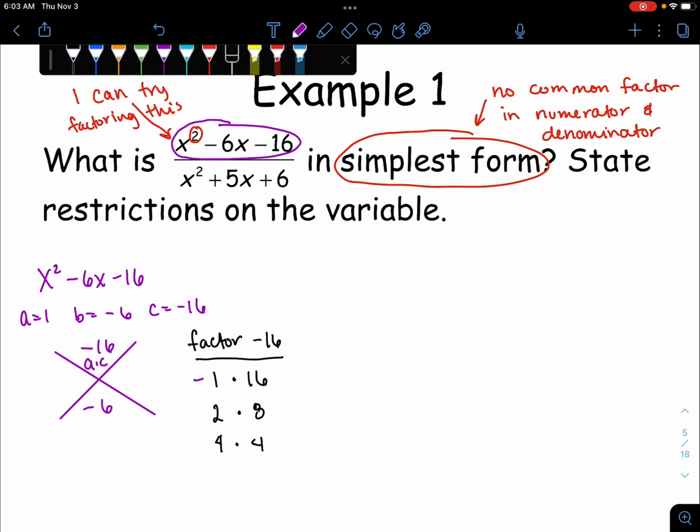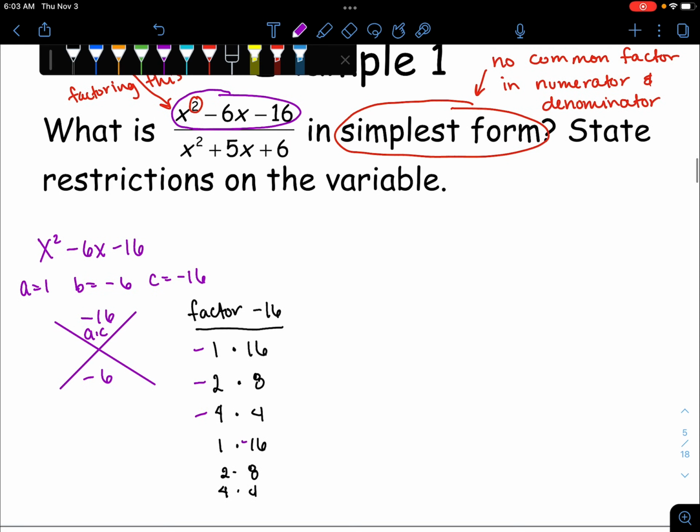So it's either negative 1 times 16, negative 2 times 8, negative 4 times 4, and then we write it again. So it's either one of these. Which one of these add up to negative 6? You would choose this one, 2 and negative 8. Okay, 2 times negative 8.